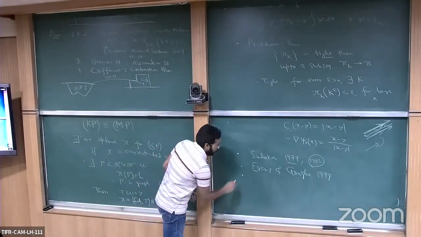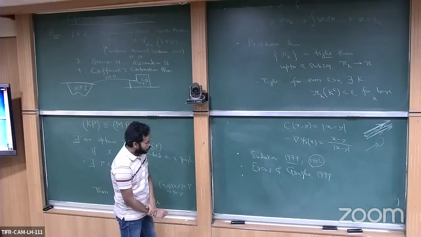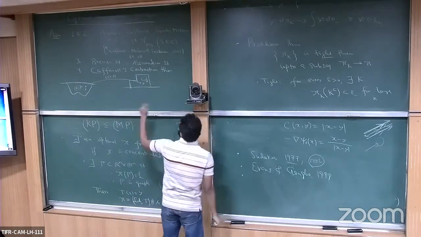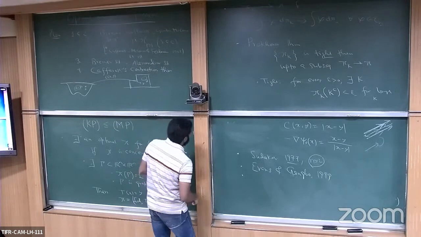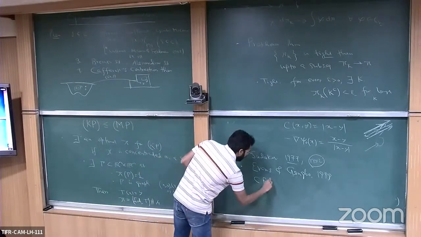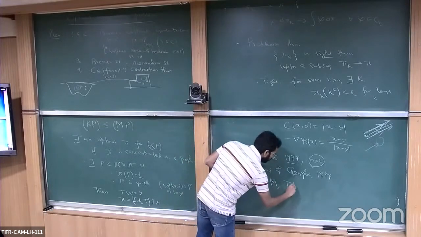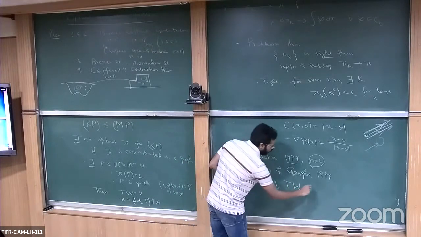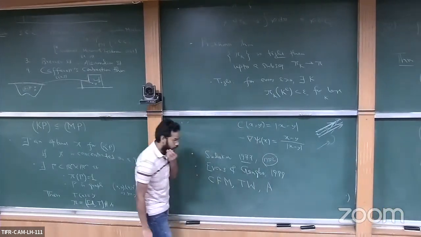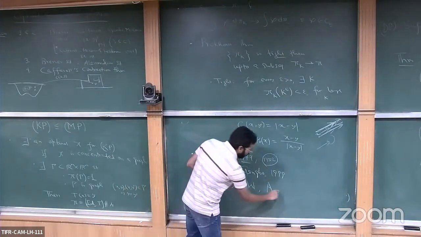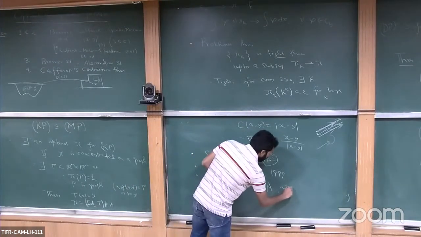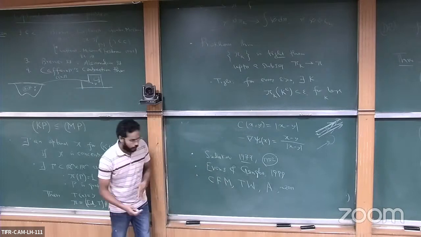After that, almost simultaneously, the papers of Caffarelli, Feldman and McCann, and Trudinger and Wang, and Ambrosio came up with a solution of the Monge problem for different norms.